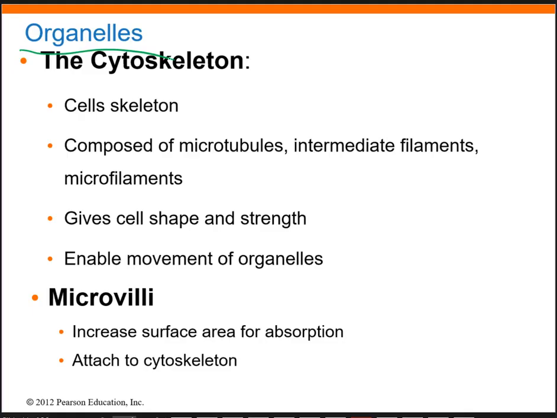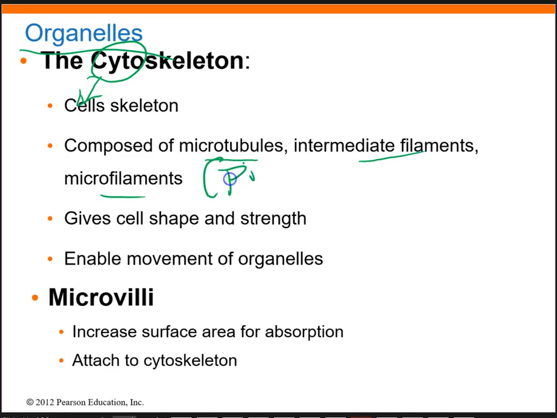First, we'll start with the cytoskeleton. Cyto means cell, so cytoskeleton is literally telling us the cell's skeleton. This is composed of a bunch of strong fibers, strong proteins called microtubules, intermediate filaments, and microfilaments.